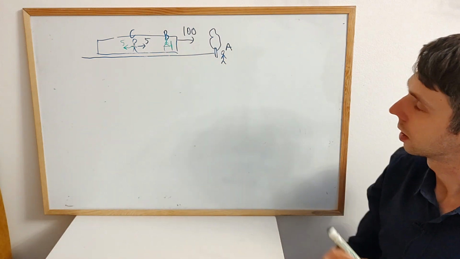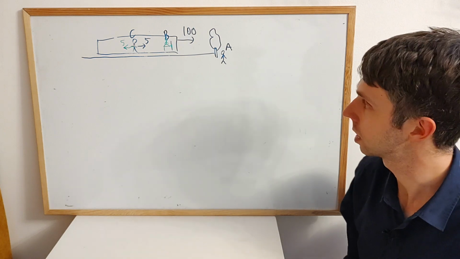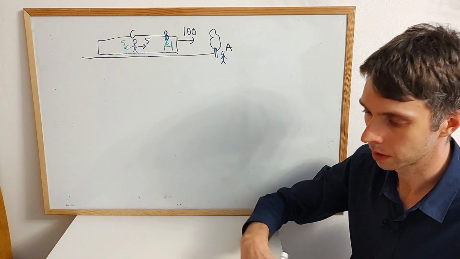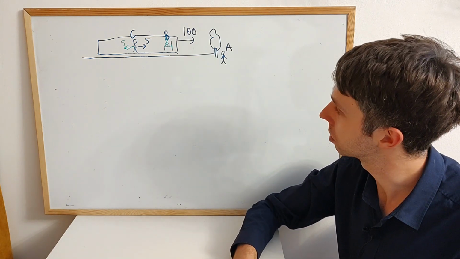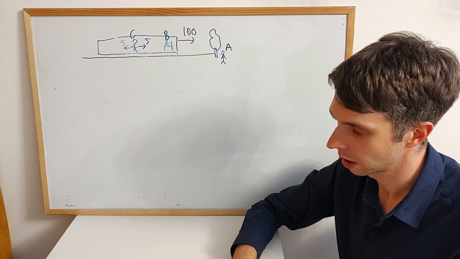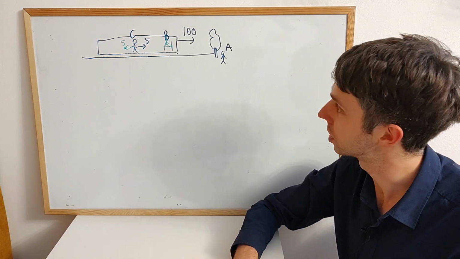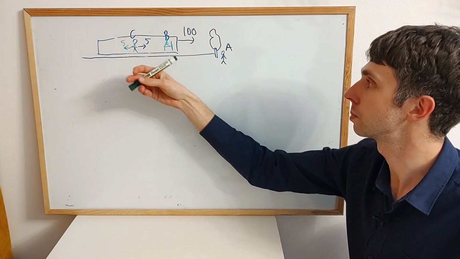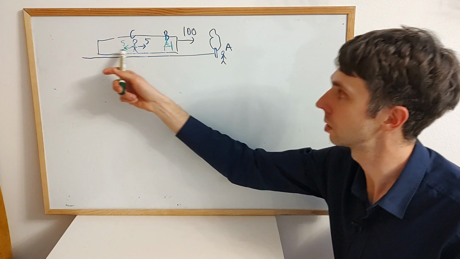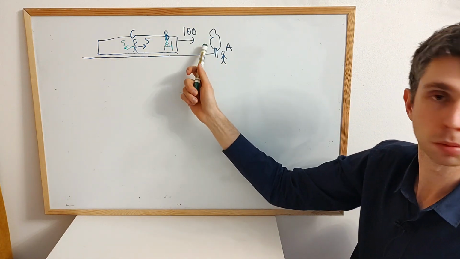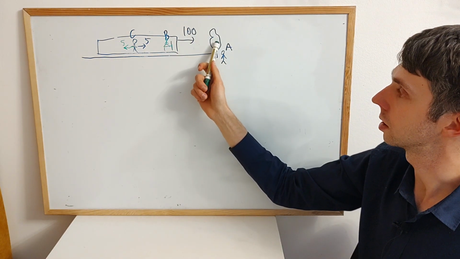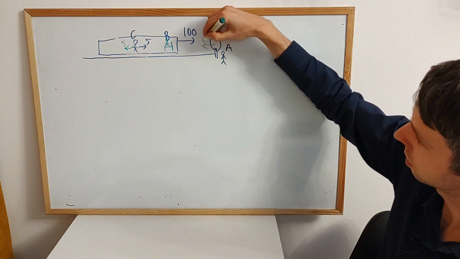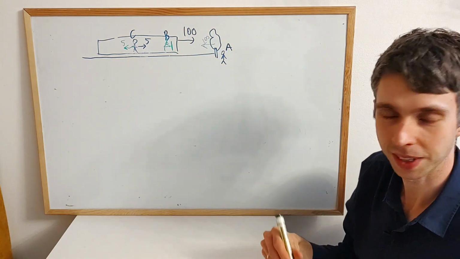But what guy B would say? He would say that the train with respect to him is not moving, so the speed of train is 0, that this guy is moving with speed 5 towards him or 5 opposite to him, and he will also say that the tree and the guy A are moving with speed 100 towards him, okay?